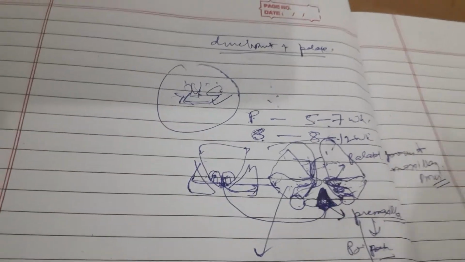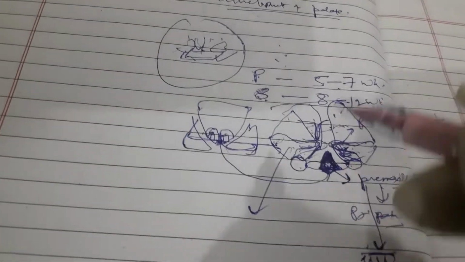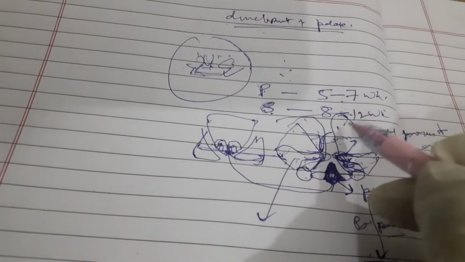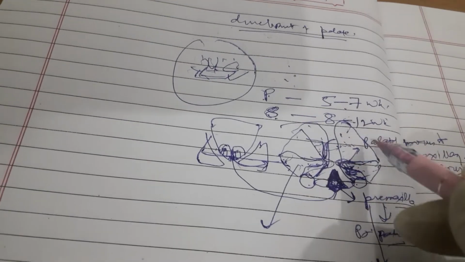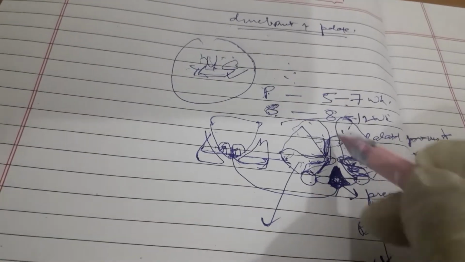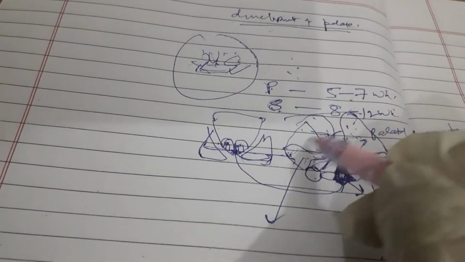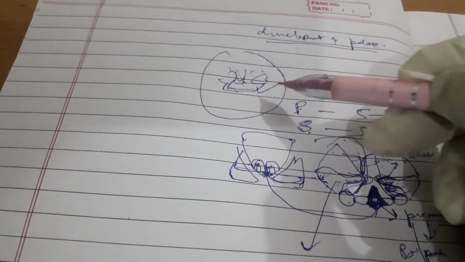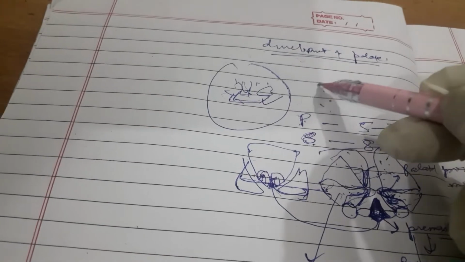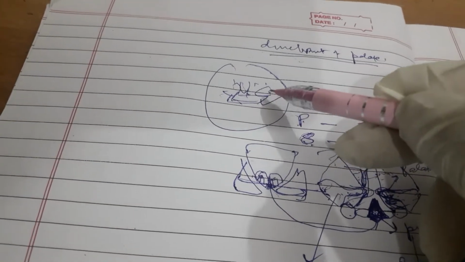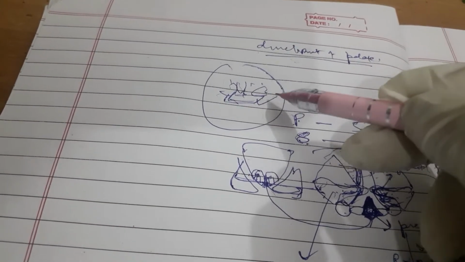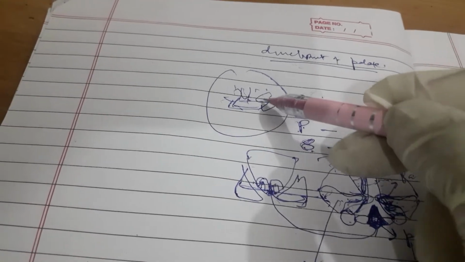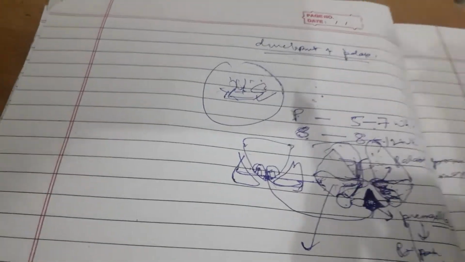Both will give rise to the whole of the palate. And as we know, this is mesenchymal proliferation. This is the mesodermal frontonasal process, and here from the pharyngeal arch, the maxillary and the mandibular process are derived. So these are the mesoderm.